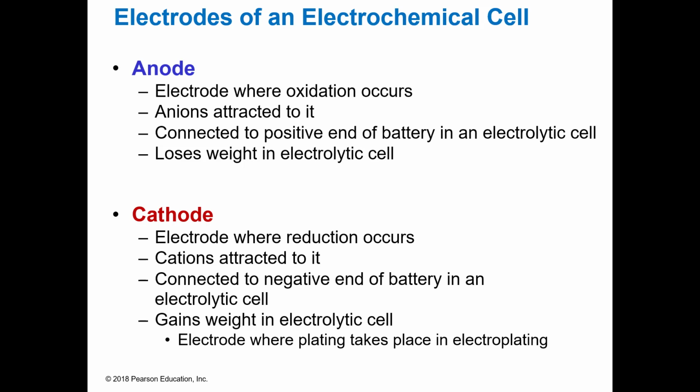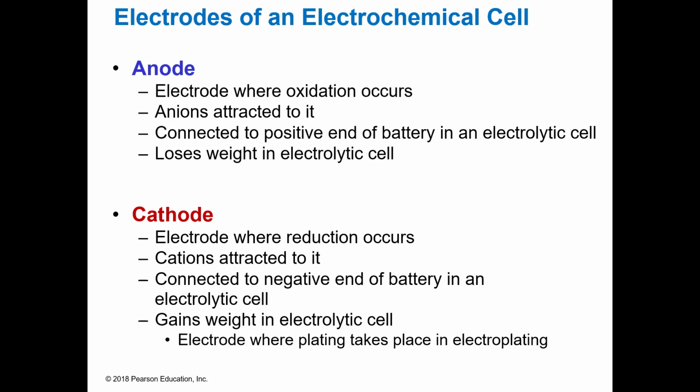It's connected to the positive end of the battery in an electrolytic cell. We symbolize the anode with a positive symbol because oxidation is occurring there, and the electrons are flowing out of that electrode. The cathode is where reduction occurs.